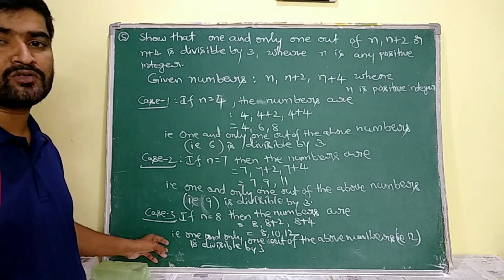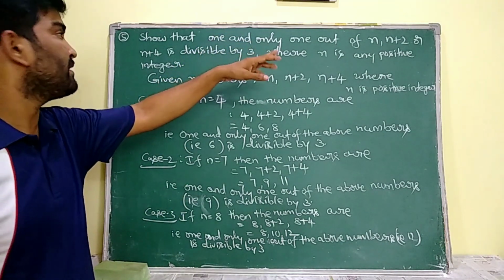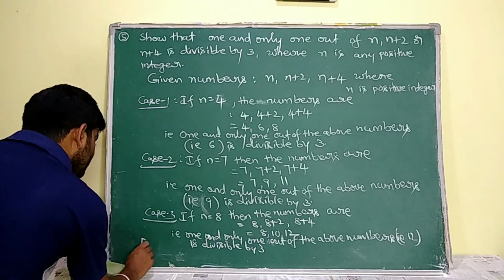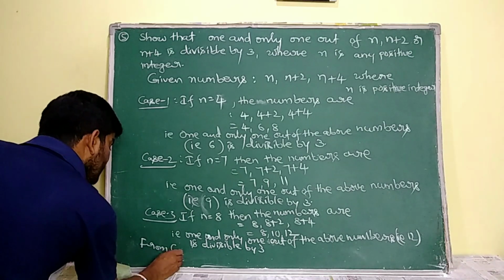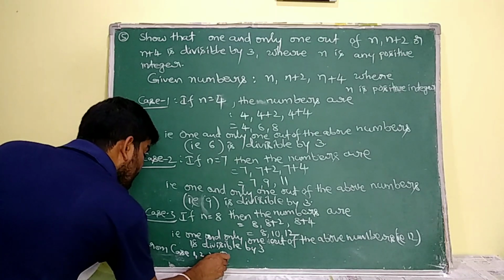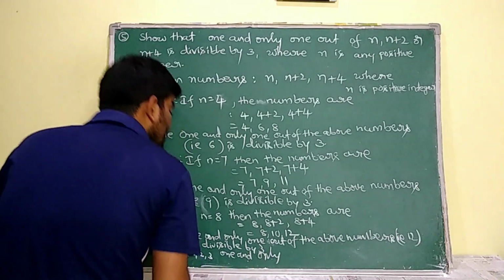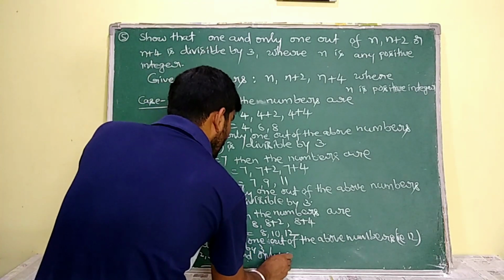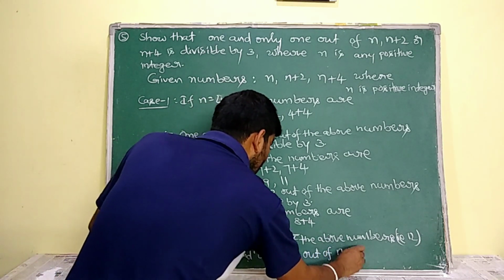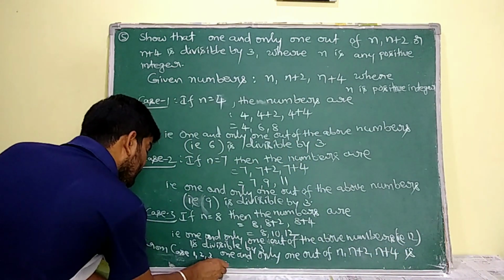So in the final conclusion we are going to write, from case 1, 2 and 3, one and only one out of n, n plus 2, n plus 4 is divisible by 3.